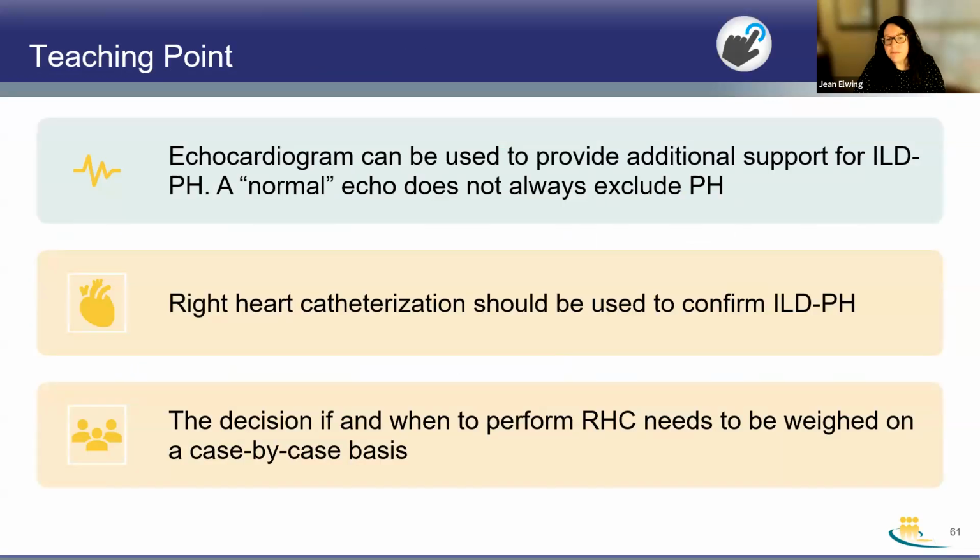So echocardiogram can be used to provide additional support, but a normal echocardiogram, as in this patient, does not exclude pulmonary hypertension. Right heart catheterization should be used to confirm when you're suspicious. The decision if and when to get the right heart catheterization should be weighed on a case-to-case basis, and that will really depend on how that will drive decision making.